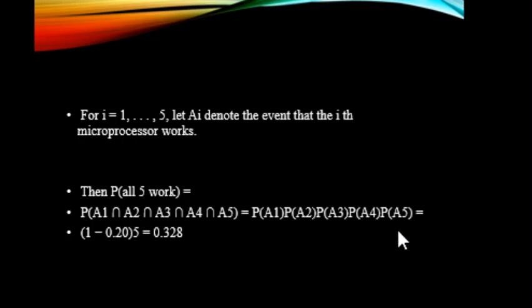We can multiply the individual probabilities. Each one will work with a probability of 1 minus 0.2 or 0.8, raised to the 5th power, which is 0.328. So that gives us the probability that all the 5 are working.